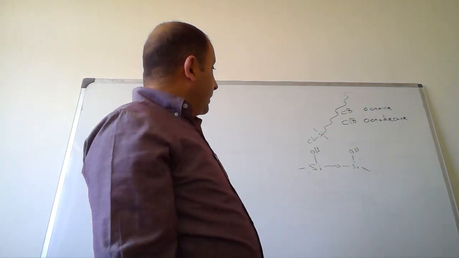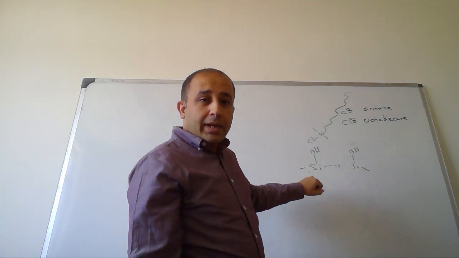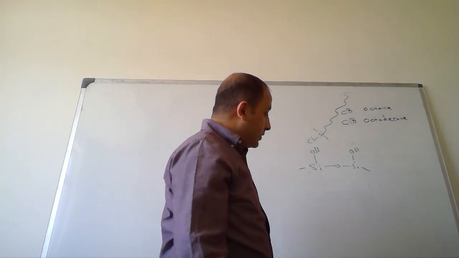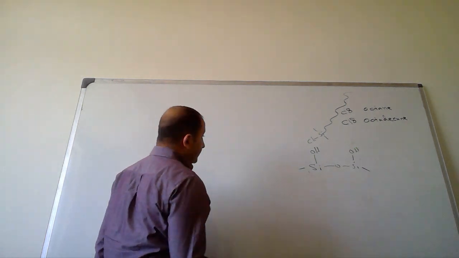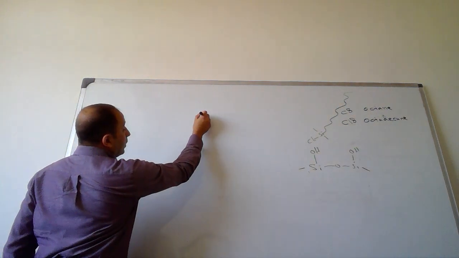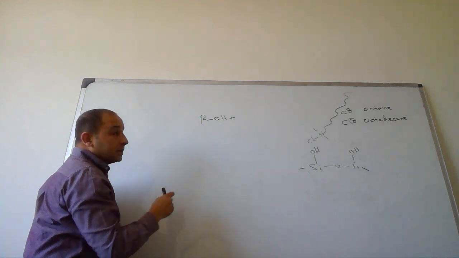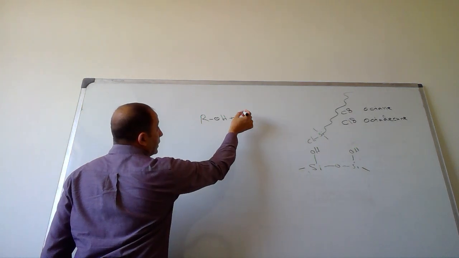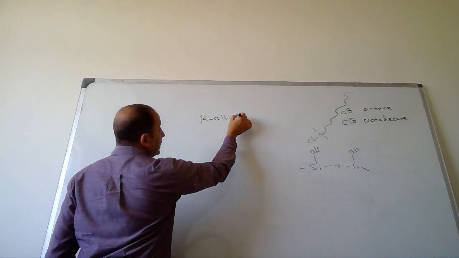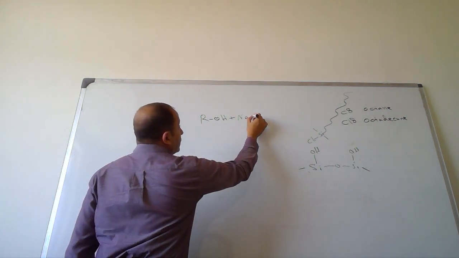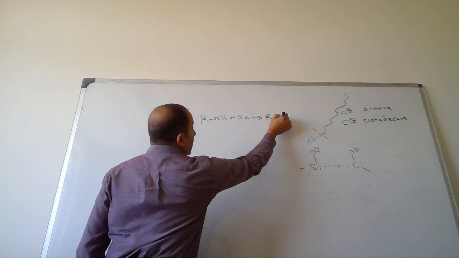I guess you remember the Williamson reaction for etherification in organic chemistry. If you have alcohol, you can get the alcohol ionized in strong alkaline media, using sodium metal. So you will obtain alkoxide.